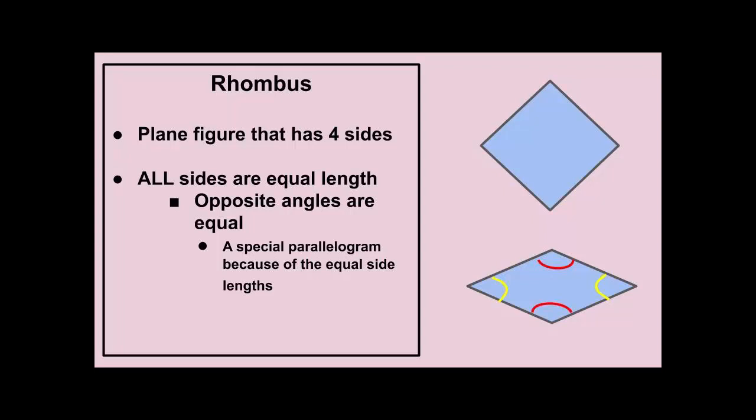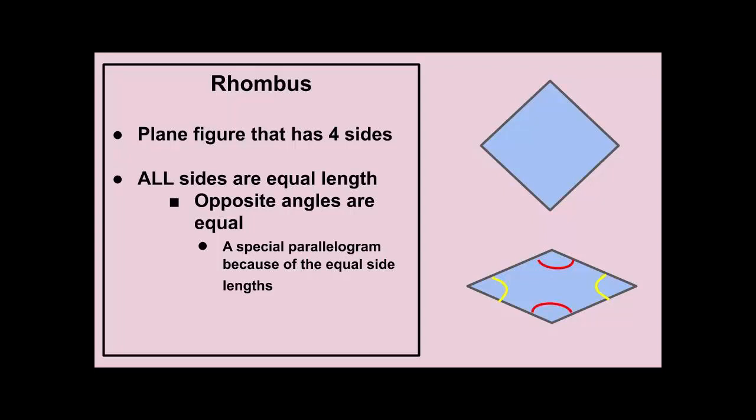If you look at the bottom rhombus, you can see that the opposite angles have exactly the same measurement of degrees. So the 2 yellow curved lines of the angles that are opposite one another show that this is exactly the same angle size.